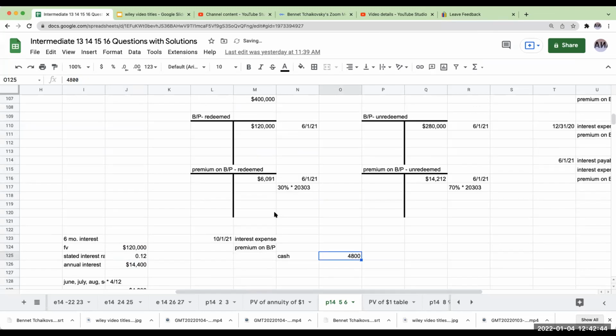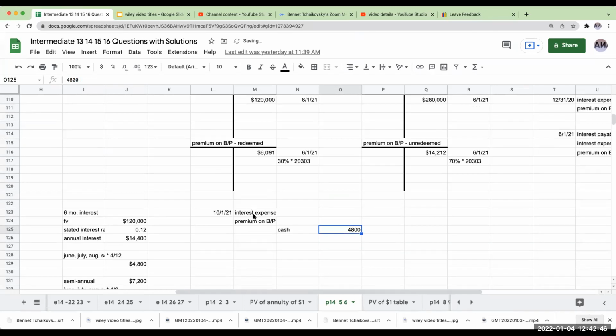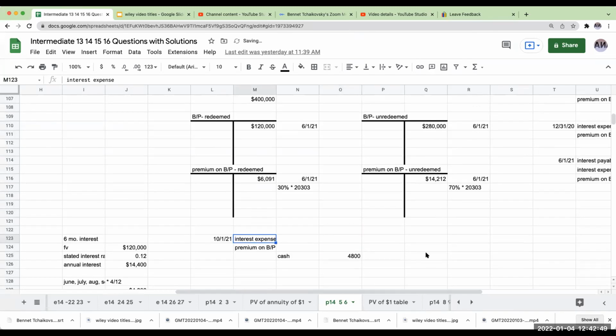Okay, so what is my interest expense going to be? Well, it's going to be based on my carrying value. My carrying value on 6/1/21 for these bonds was 120,000 plus 6,091, or 126,091.